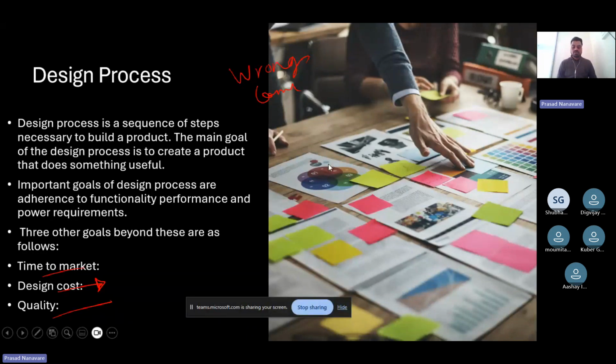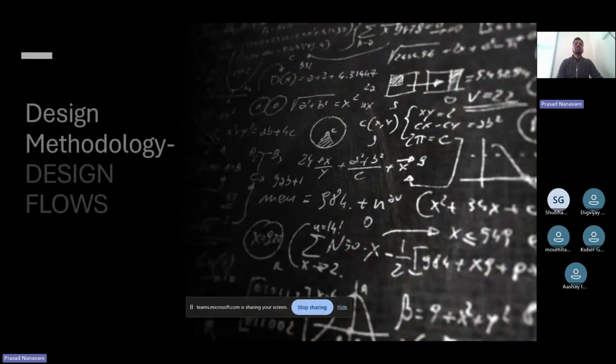That is all I want to say. And when will that happen? When you select the wrong components or wrong modules for your project or application. So that should not happen. In the design process, these 3 points are extremely important, which we studied in the last unit: time to market, quality, and design cost.